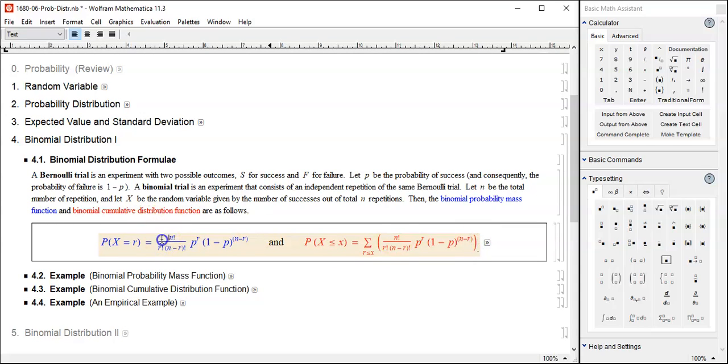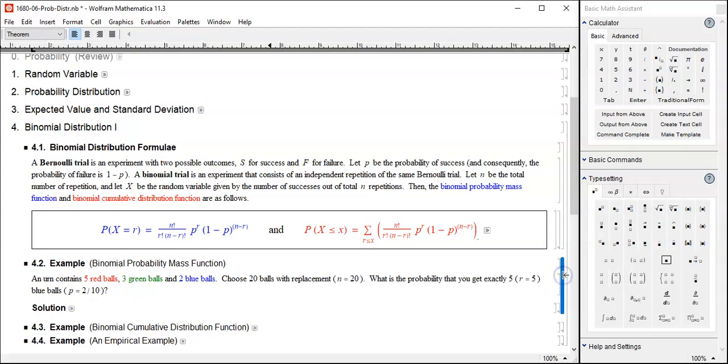Please note that this expression for the mass function is repeated right here inside this parenthesis, and then we are summing those up. So this is cumulative probability. One mass, another mass, another mass, another mass, and then adding all those, accumulating all the way up to numerical value x or less. Alright, so much for theory, and let's go over to an example problem.